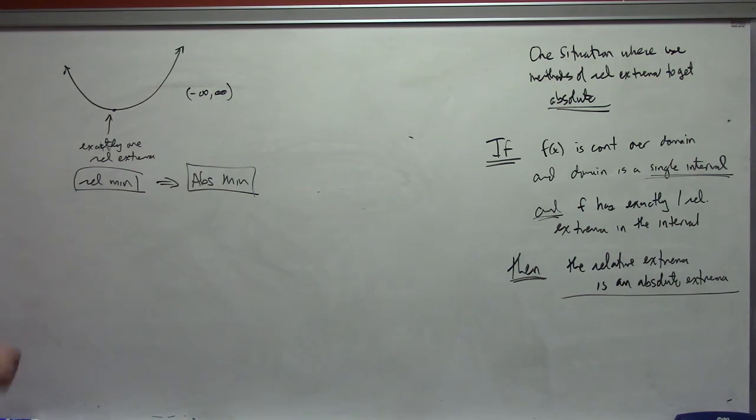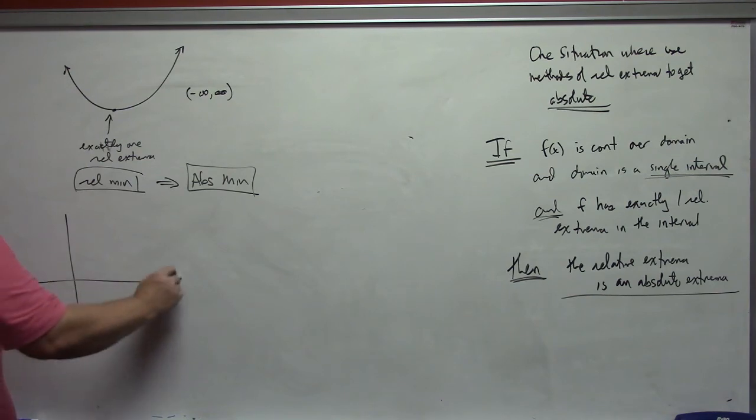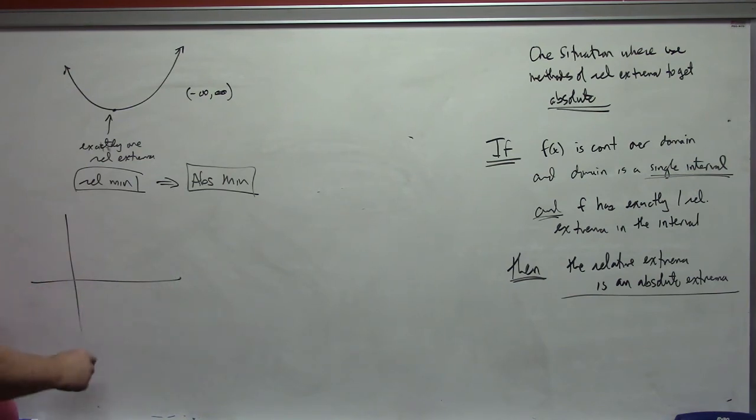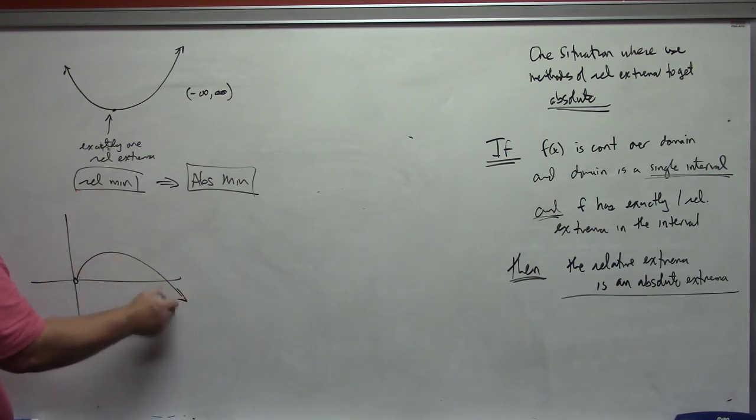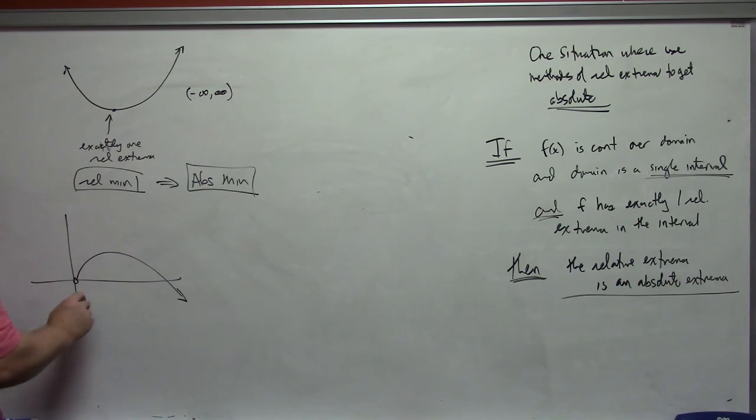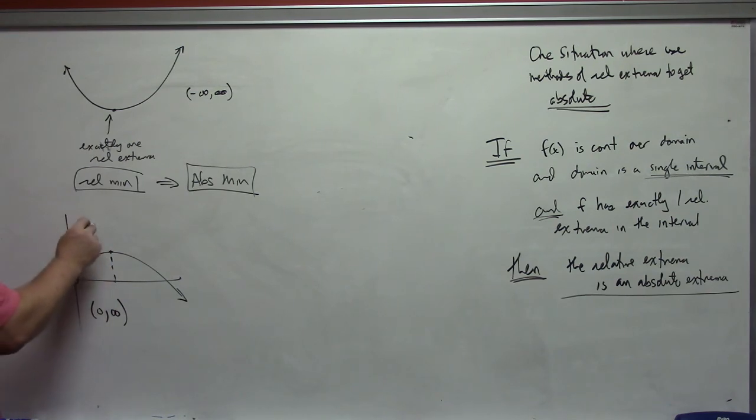Or if I have, for example, a graph that does something like this. Let's suppose it's open on this end and goes like that. Again, the interval in this case is from 0 to infinity. My domain is continuous everywhere. It has exactly one relative extrema, so this is an absolute extrema, in this case an absolute max.